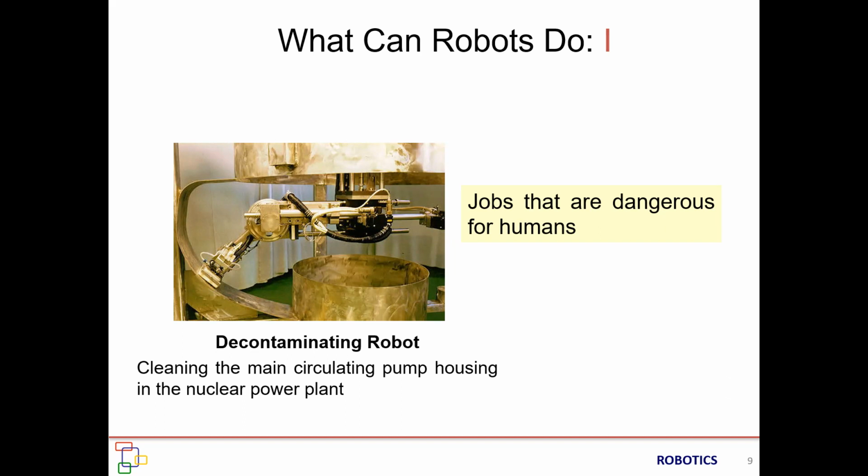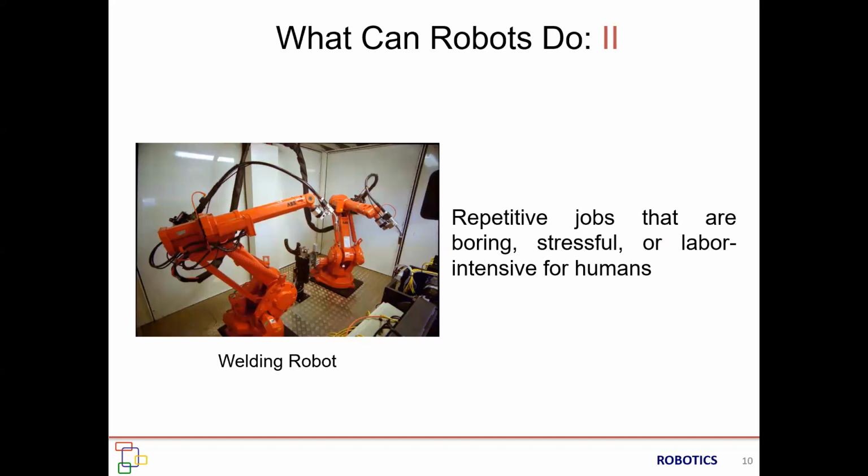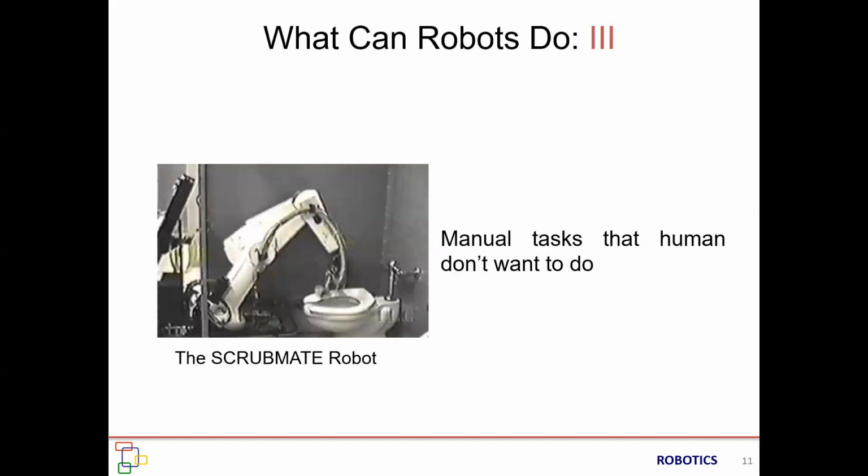So for decontamination, and also for work which is harmful, repetitive and stressful, as technology grew and the years passed by, these robots were used not to replace humans, but to safeguard humans. Another example is the Scrubmate robot. For all these manual tasks that humans do not want to do, robots can be used.